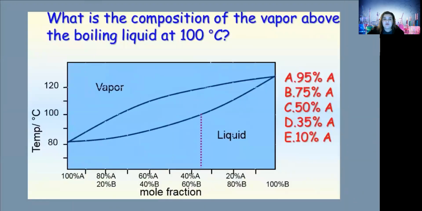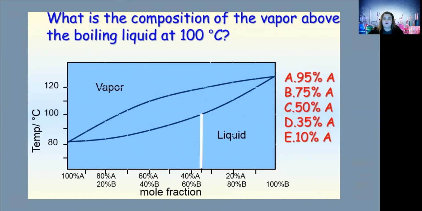So now we want to know the composition of the vapor above the boiling liquid at 100 degrees Celsius. The way this works is we know that at about 35% A, I'm going to go ahead and draw a nice line. Let me see if I can give it a better color. Maybe white will be better.